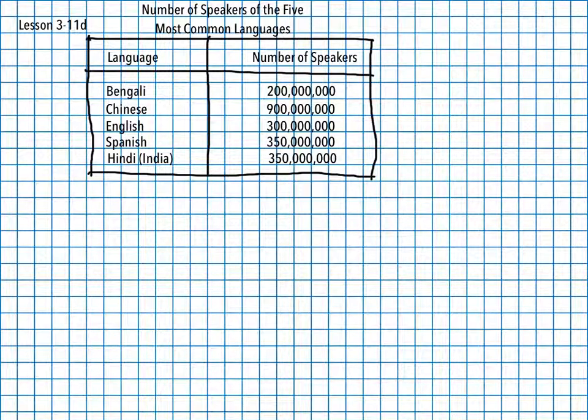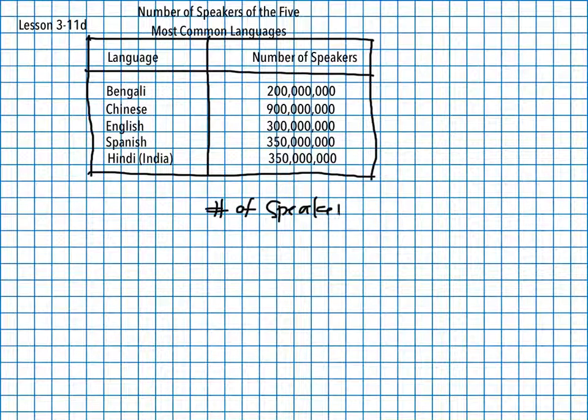Now, hopefully you have completed your pictograph. So let's see what my pictograph will look like. The first thing I'm going to do is write number of speakers, 5 most common languages.